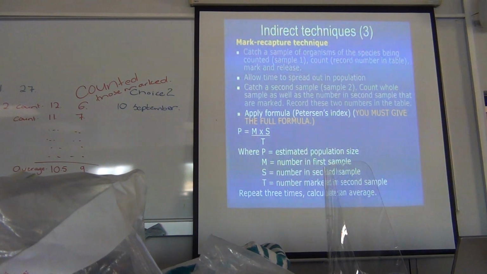Then you have to calculate the area of the quadrat, which was meant to have been 4 centimeters times 4 centimeters, so length times breadth, 16 centimeters squared. Then you have to calculate the total number of millipedes. So population size equals average number per quadrat times habitat size divided by quadrat size.